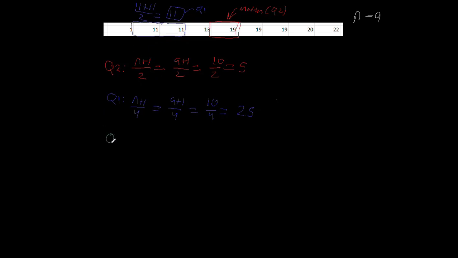And then our Q3, we said that was 3(n+1)/4, which is 3 times (9+1)/4, which is 3 times 10/4, which is 30/4, which is equal to 7.5.